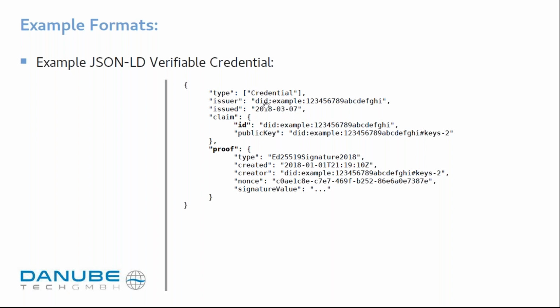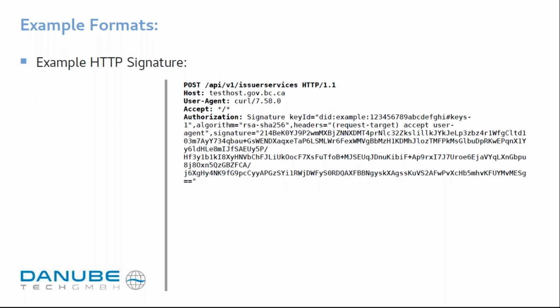So you could have a verifiable claim or verifiable credential where you are the issuer and you are the subject, and you are claiming that you have a certain public key, and then you're proving with a cryptographic signature using something called linked data proofs or linked data signatures. You can prove that this claim is true, that you are actually issuing a claim that you control a certain public key associated with a certain DID, and this is something the relying party can validate.